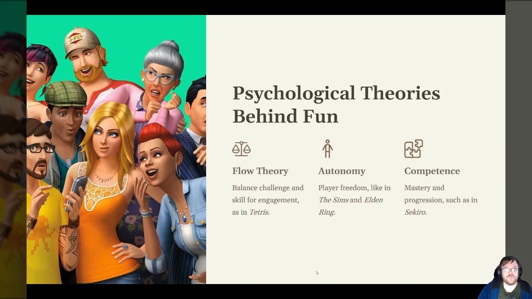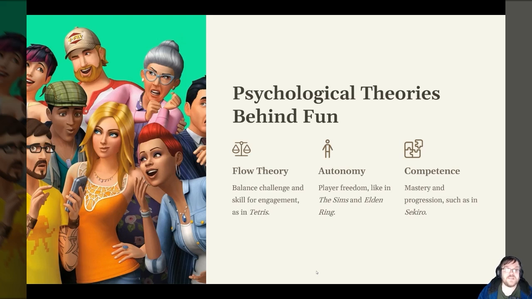Or something like Elden Ring, where you have a lot of customization for your character, for your combat style, for your equipment, all of those things, the paths that you choose to go throughout the game. Giving players autonomy gives them their ability to make choices, and those choices can create engagement and draw people in, and ostensibly give them more fun.